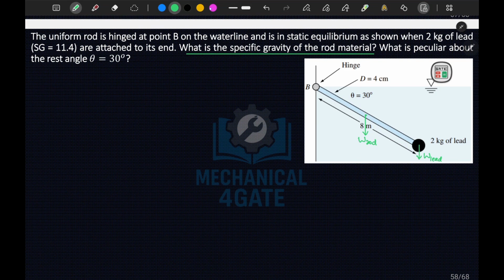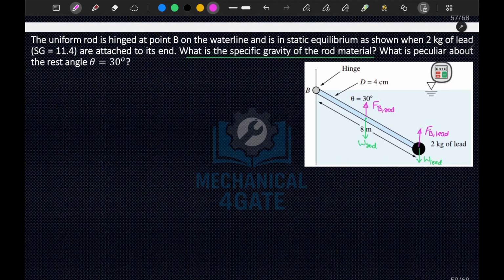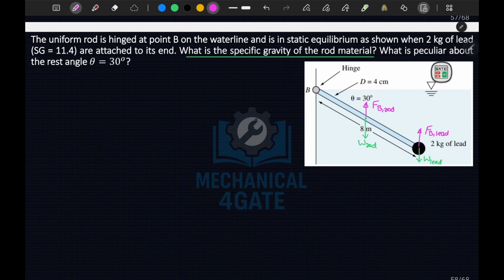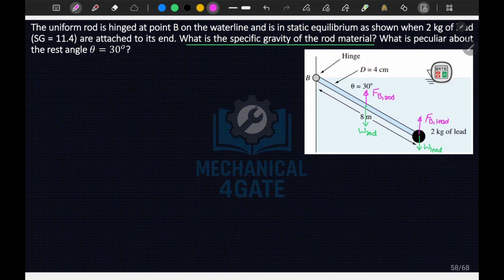Now the buoyant force acting on this will be FB rod. And here also a buoyant force will be acting. It is given that the diameter of the rod is 4 centimeter. So I can write the values here. Let me write them here first.